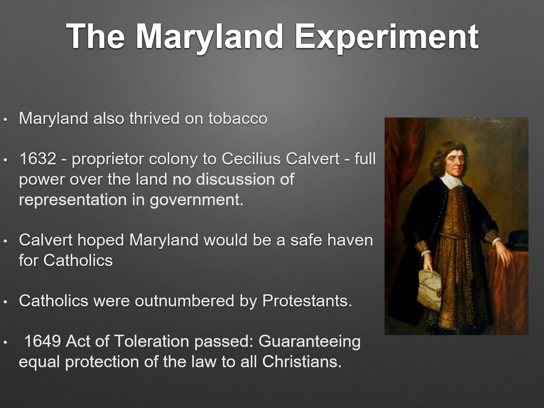In 1649, an act is passed by Calvert, the Act of Toleration, that says all Christians will receive equal protection under the laws. Now that he had established that Maryland was a place that had a large Catholic population, he wanted it to be safe for anyone who wanted to come here and further protect his people.